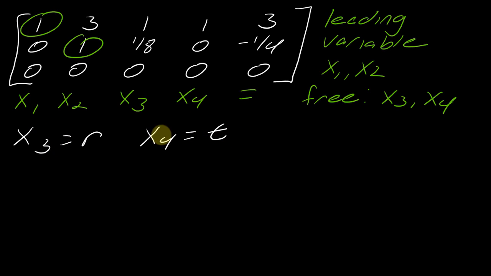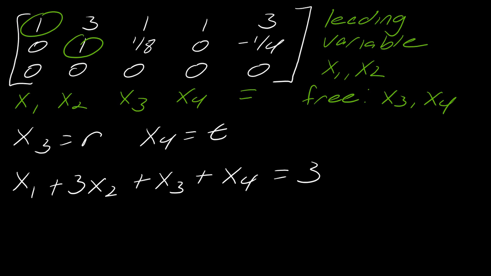Okay, so now that I know where my free variables are, I'm going to write each line out in its equation form again. So the top line will be x1 plus 3x2 plus x3 plus x4 equals 3. And then the next line will be x2 plus 1/8 x3 equals negative 1 over 4.